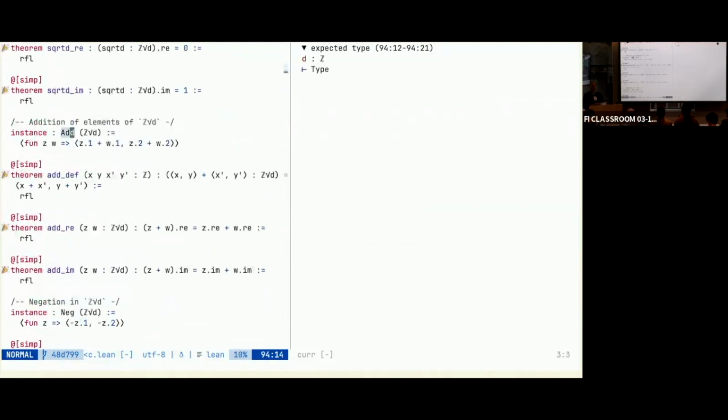Here there is an instance that there is an addition, and the addition is given by, it's a function that take 2 Gaussian integers or element of square root of d, and you have to define the real part of the sum and the imaginary part of the sum. And as you can guess, the real part of the sum is the sum of the real parts, and the imaginary part is the sum of the imaginary parts. Try to remember this in 10 minutes when I reach the Eisenstein integers.